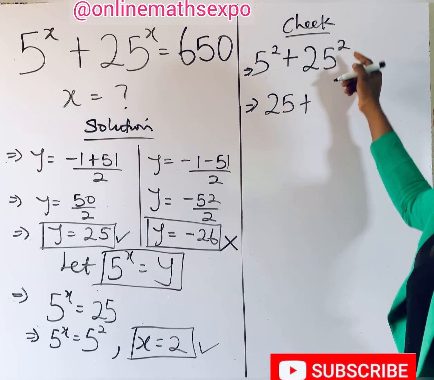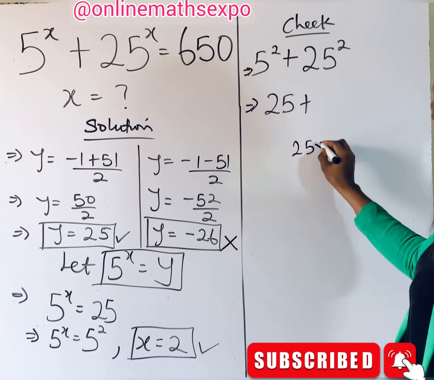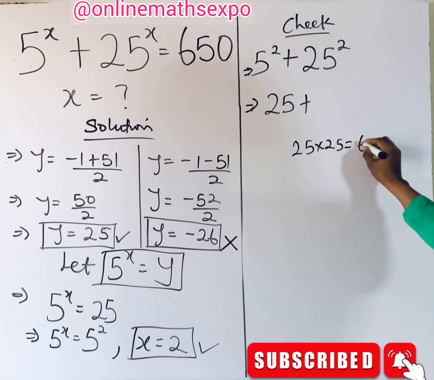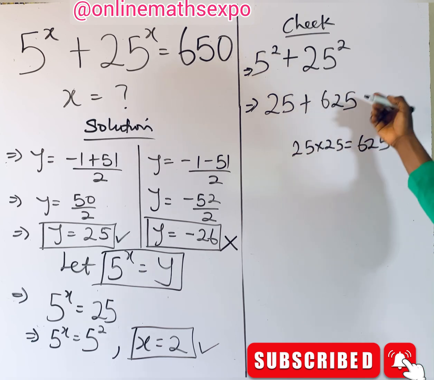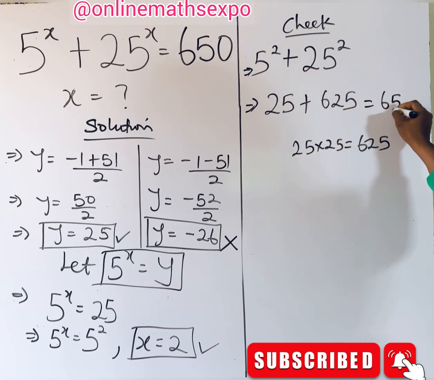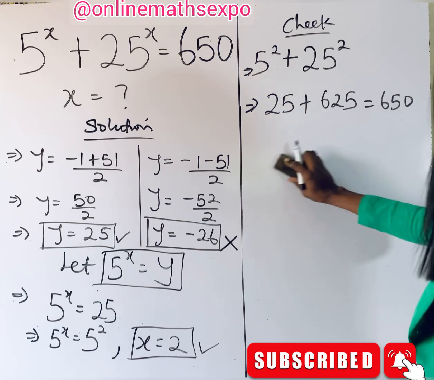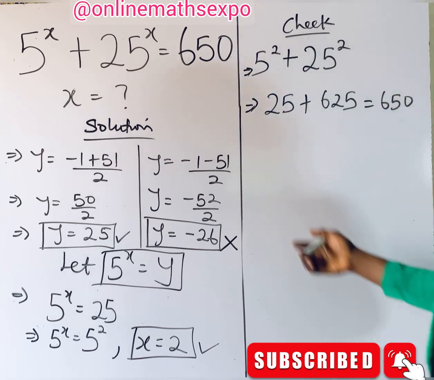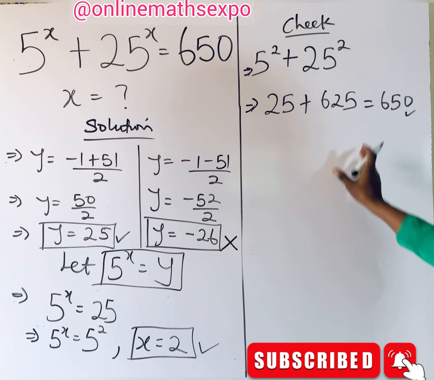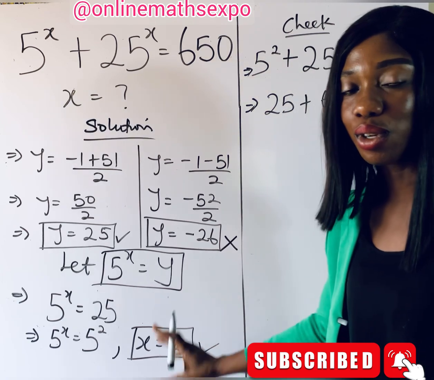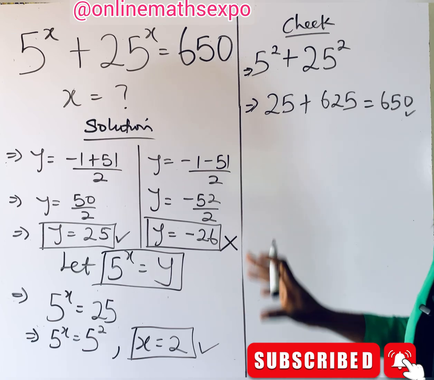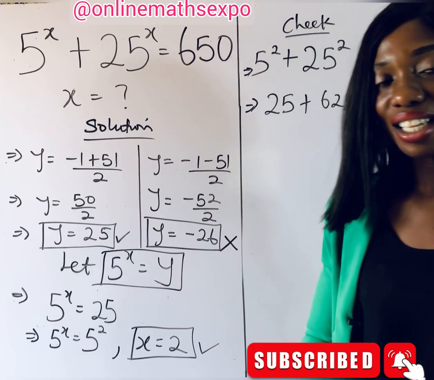Now 25 raised to power 2 means 25 multiplied 2 times, which gives us 625. Did you see? So when you add these two up, it will give you 650. So you observe that what you have at the right side is 650, and this is correct. So it means that the value of x being 2 is valid for this particular equation.